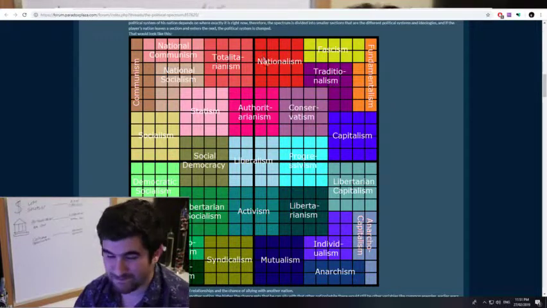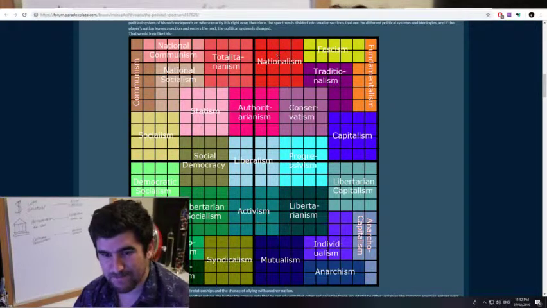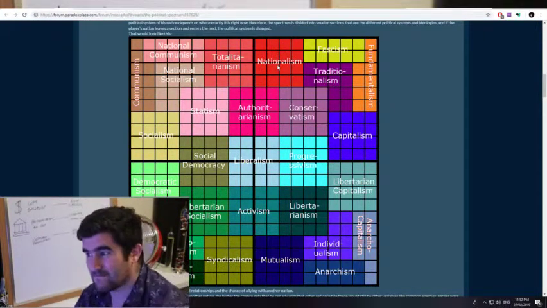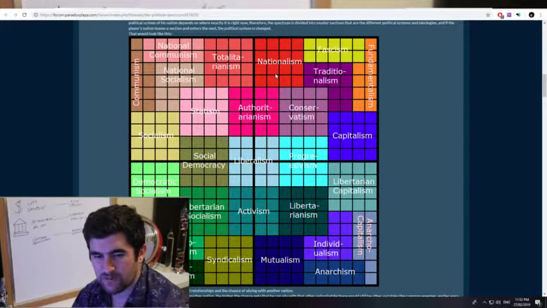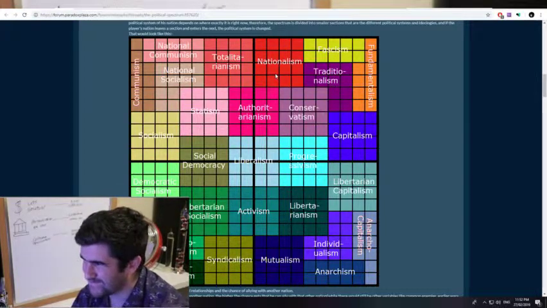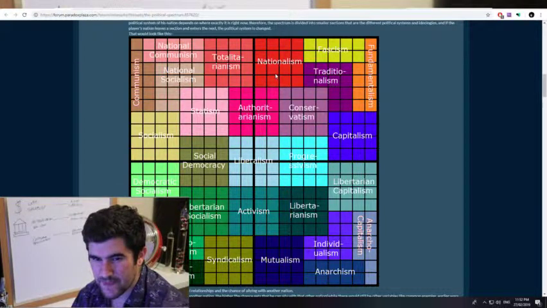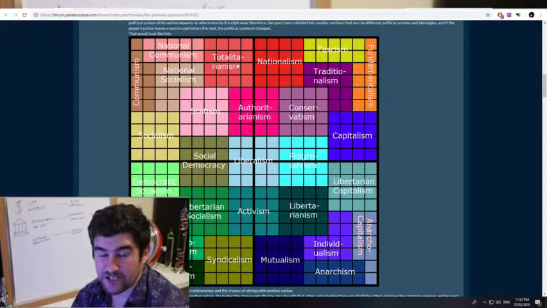But, here's the but. Up here, nationalism. This has mapped out nationalism as being inherently one of the most authoritarian types of governmental systems, right next to totalitarianism.